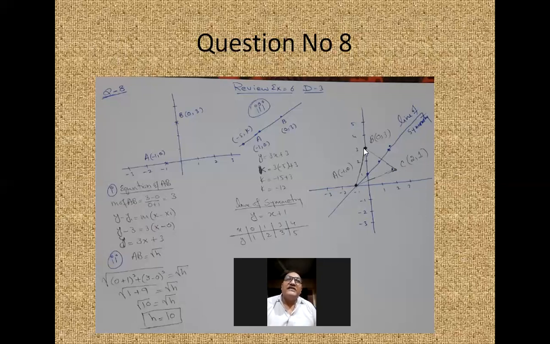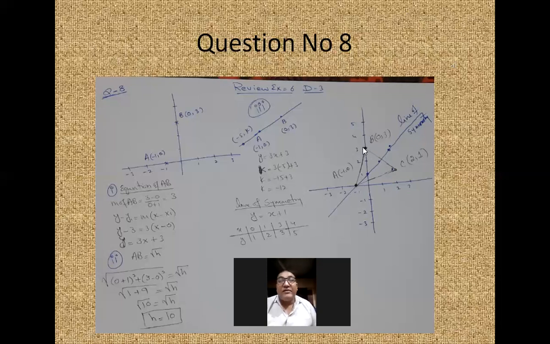So this A point and B point are already there, and they have told us that there's a triangle ABC. You can see this point A is on the line of symmetry, so it will not have an image. We cannot make an image because it is on the line of symmetry. And the point B, it is not on the line of symmetry, so its image can be formed. So from B, you come perpendicularly to the line of symmetry.